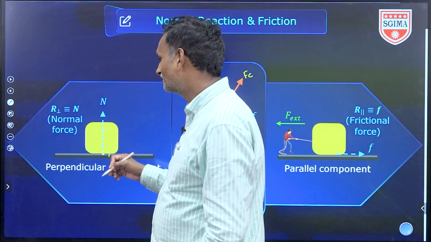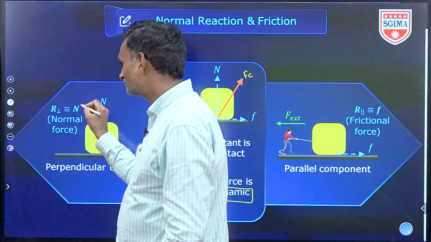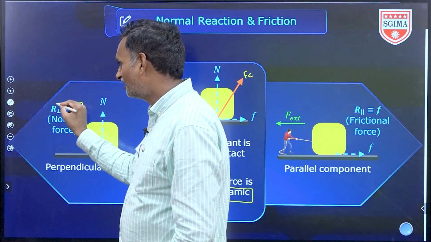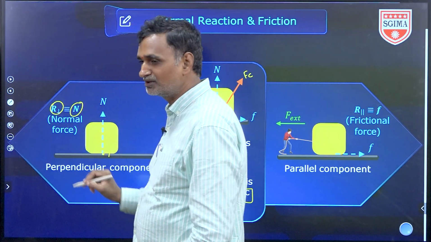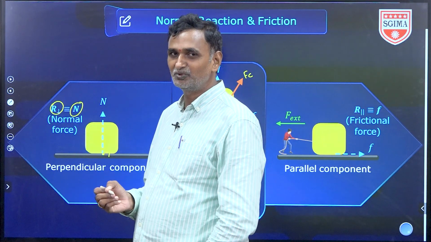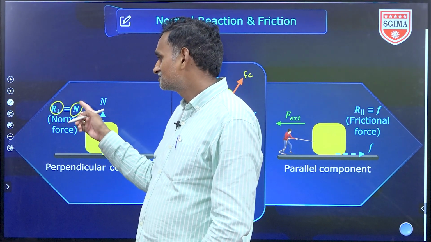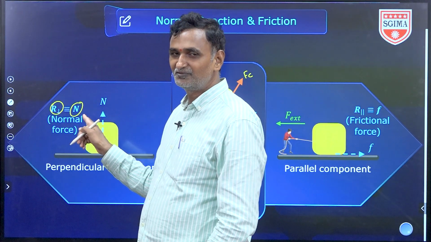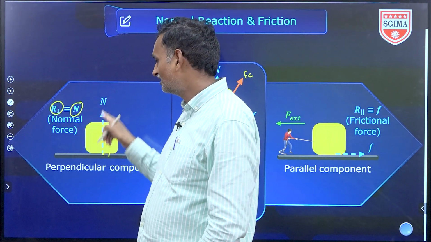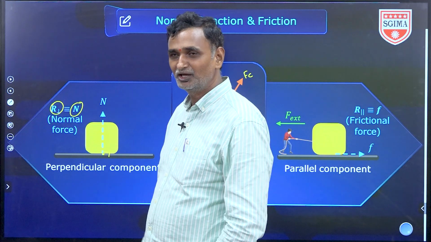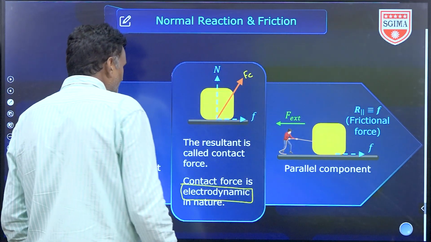Okay? So now R is equivalent to normal. R perpendicular equals normal. Normal reaction we can call, normal force also we can call. Normal reaction, normal force, reaction force, everything comes in this manner. Next, the parallel force.